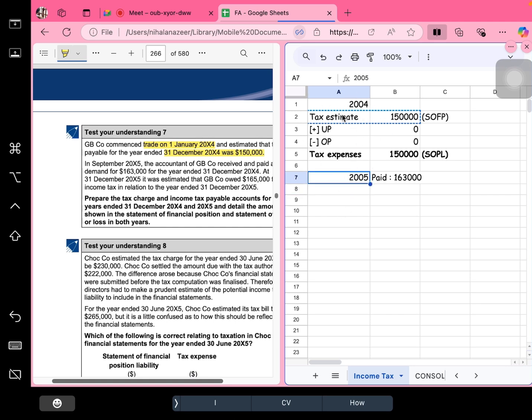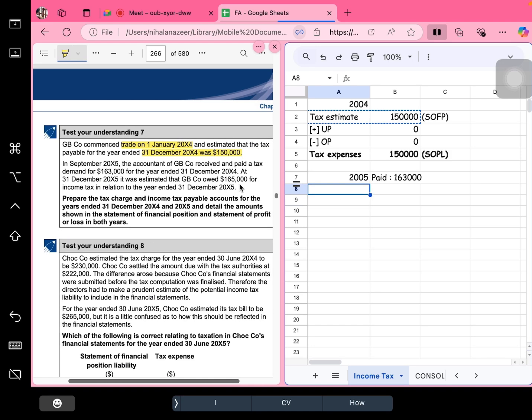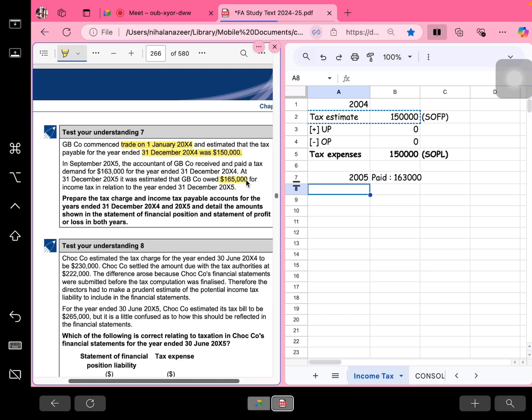This is for 2004. Clear? But what happened in 2005? In 2005, the tax estimate that they have told you to take is how much? 165,000. Here. That is paid, right? This is paid tax. Clear?